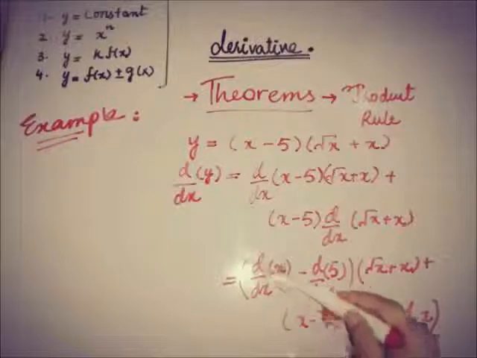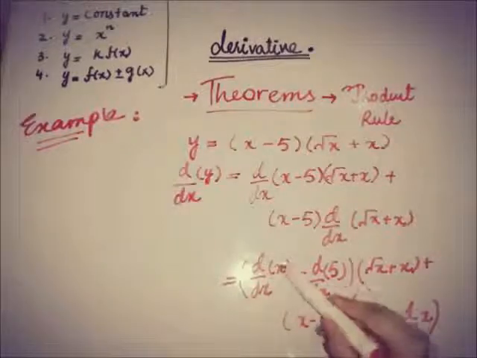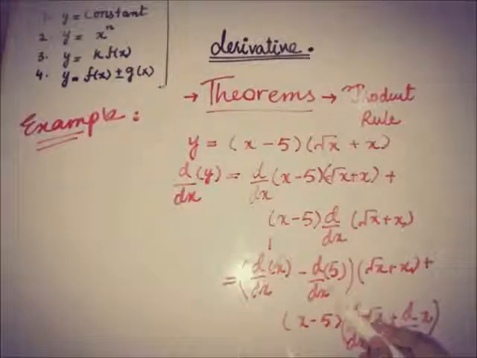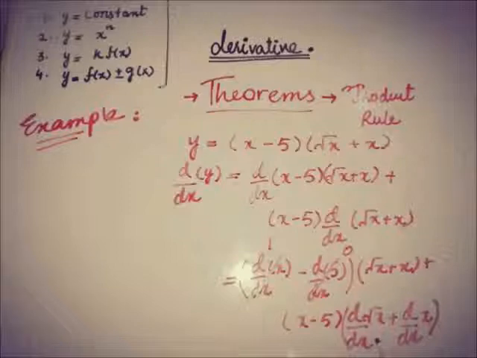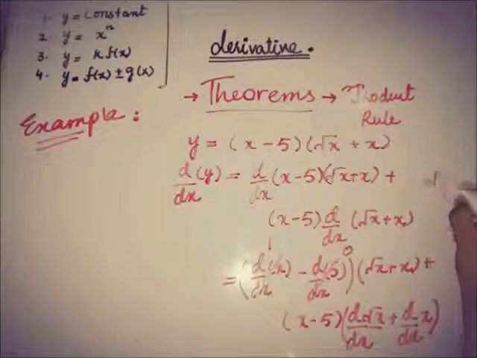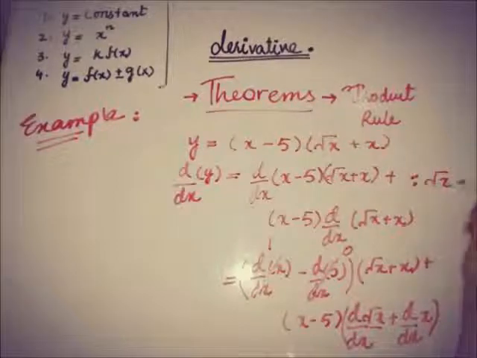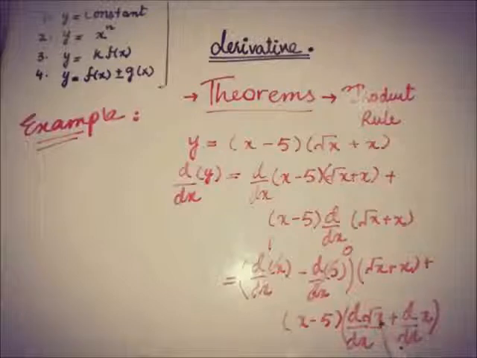Now dx over dx comes out, this is 1, and this is 0 because 5 is a constant function. For square root of x, we know that square root of x can be written as x to the power 1 by 2. So we can apply the power rule here.